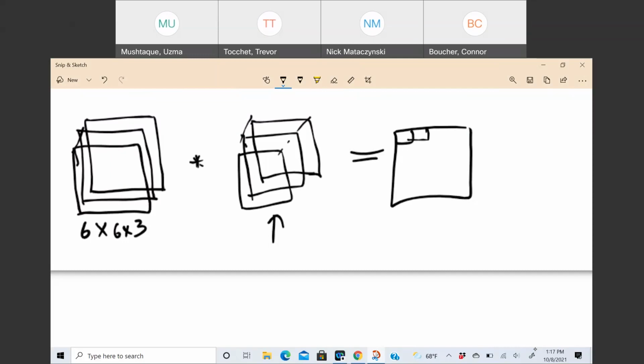So the number of computations that I'm doing depends on the size of this filter, the size of my image, and the depth of this thing. These are quite huge, and so that takes a lot of time in training and estimating all the parameters. So what we can do is something that's known as depth-wise convolution.